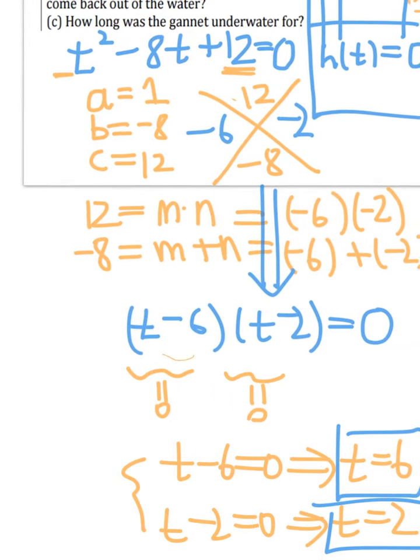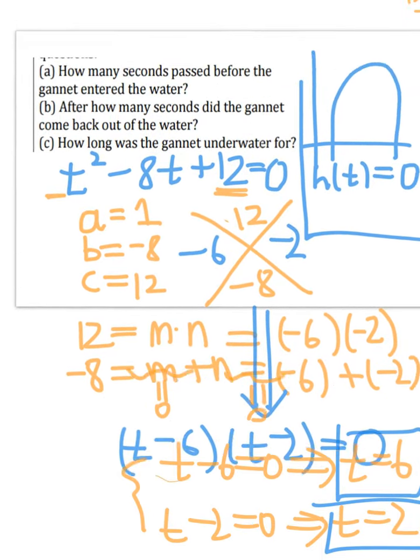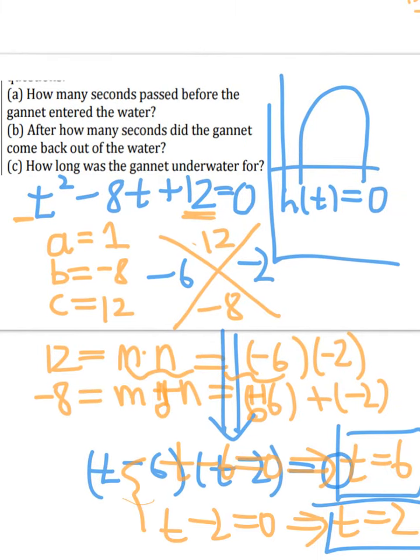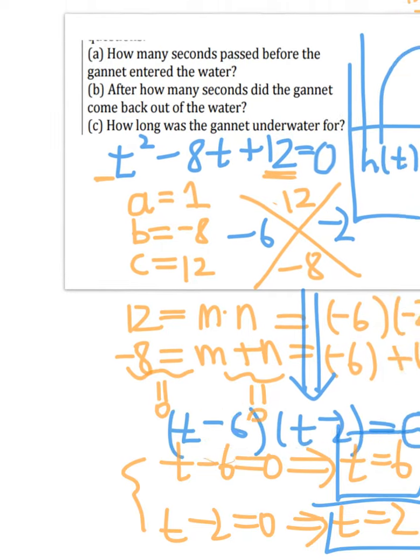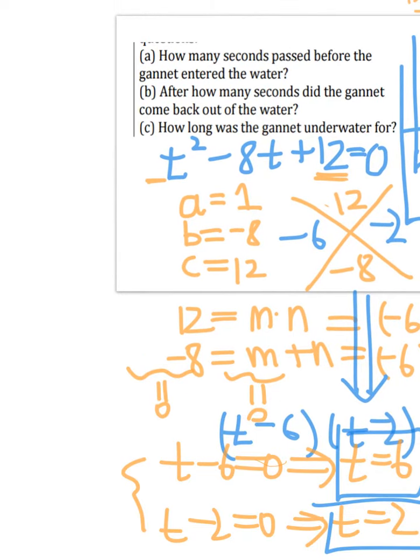So I think I drew the function equation wrong because it should open up instead of open downward, because it starts in the water and then, hold up. Okay, so it should look like this.